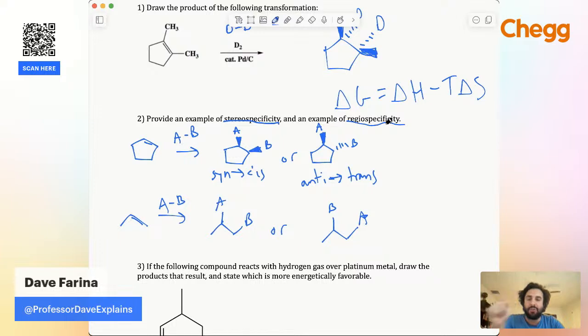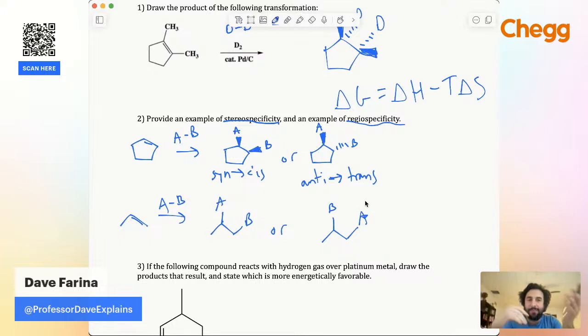Stereospecificity means, or specificity in general means, you get only one and not the other. Selectivity means you get a distribution, but there's a statistically significant preference, it goes one way more than the other. So let's say you get 80-20.